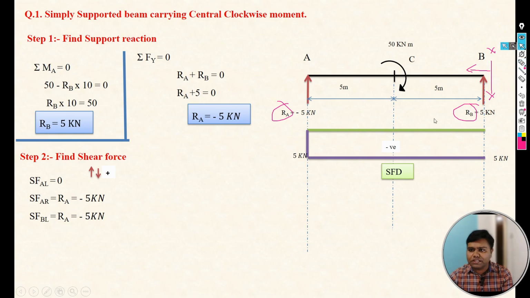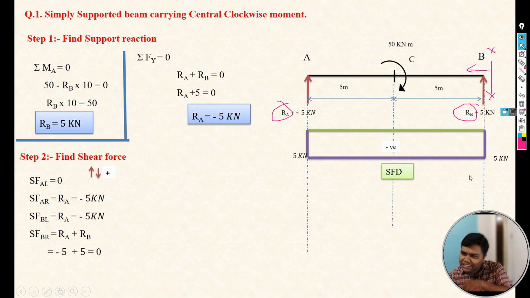Both forces are upward, so the shear force at B right is Ra plus Rb. Ra is minus 5 kilonewton, and Rb is plus 5 kilonewton. So minus 5 plus 5 is 0, which means in the shear force diagram, our diagram at B point will close, and it comes back to the baseline. Now this is the shear force diagram.